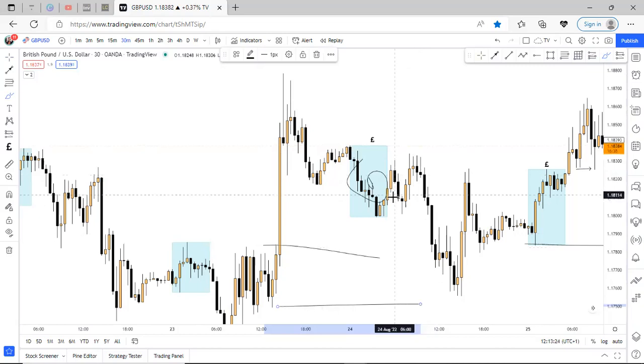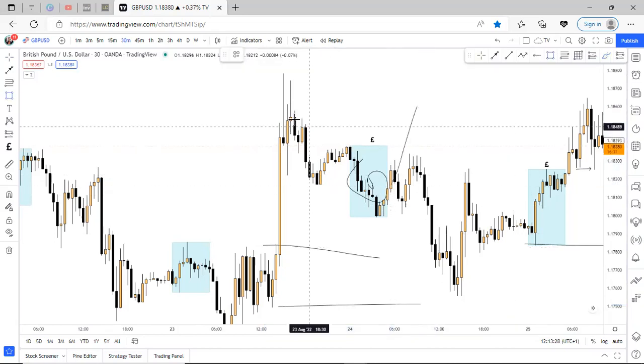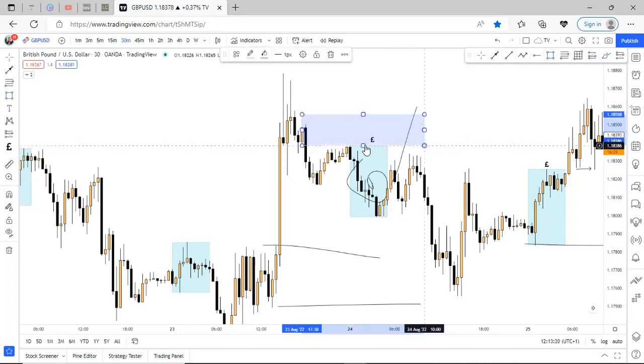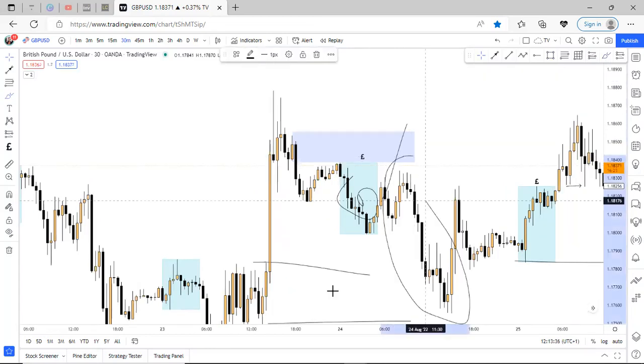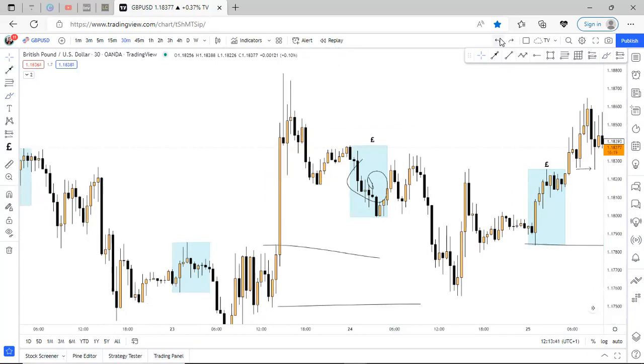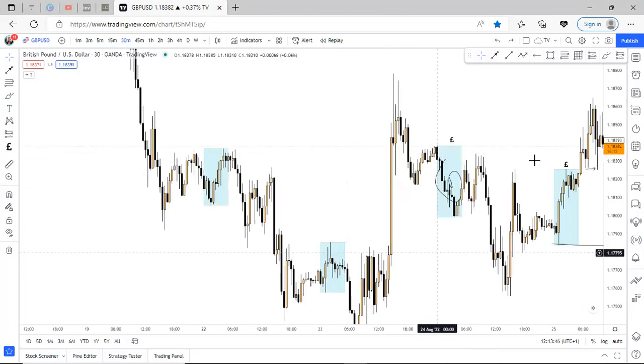So just before the London push, I was expecting this to push up into this supply zone, take out the liquidity at this Asian range high so that I can sell down into this demand zone. But as you can see, the Asian range high was not taken out before we had the sell. So there are times you will miss out on trades.